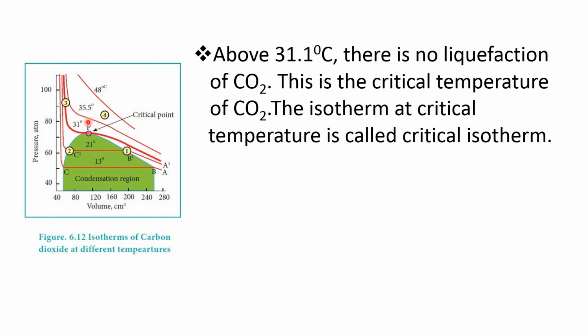So above this critical temperature, 31.1 degrees for carbon dioxide, there is no liquefaction of gas, no matter how high a pressure you apply. So this isotherm at 31.1 degrees centigrade is known as the critical isotherm.